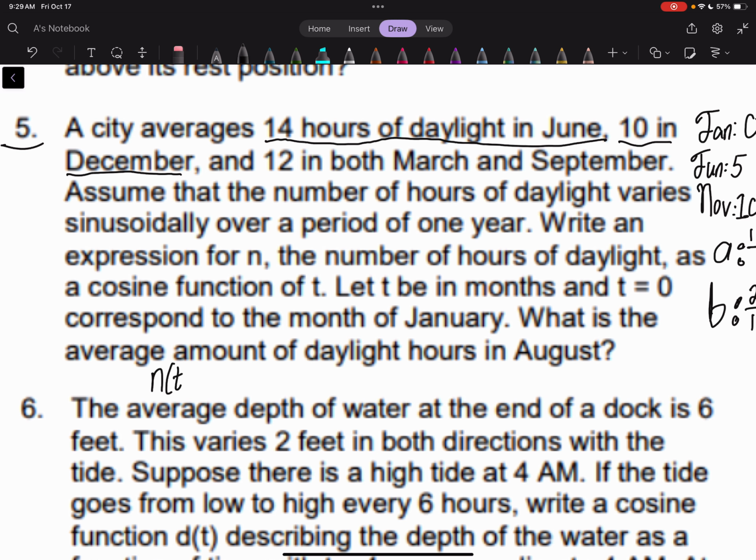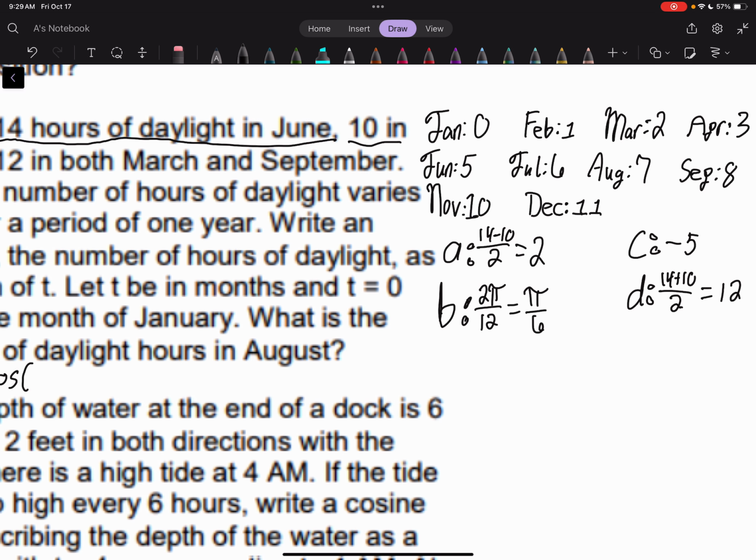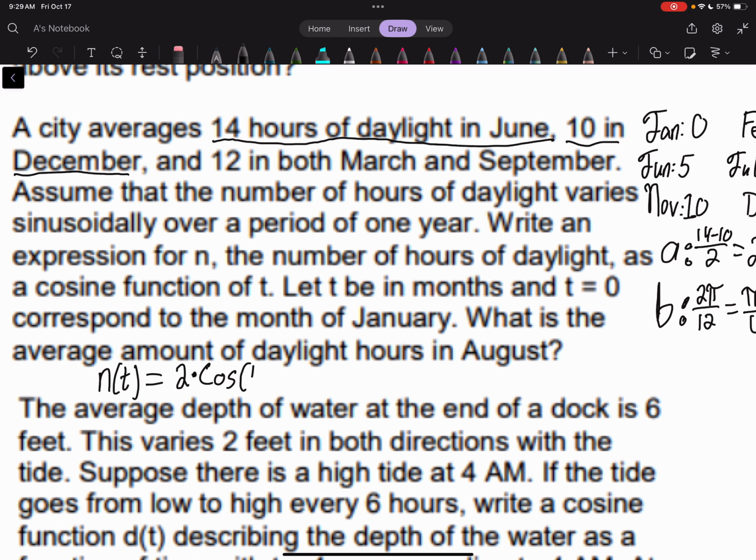N of t equals 2 times cosine of pi over 6 times t minus 5 plus 12.